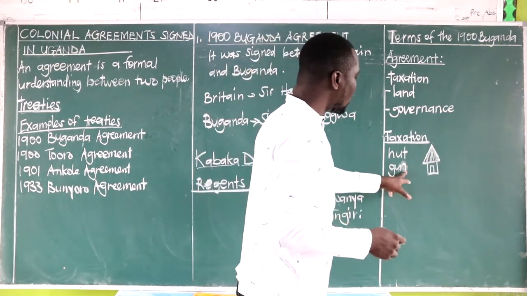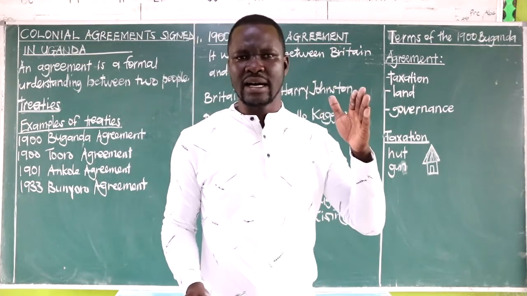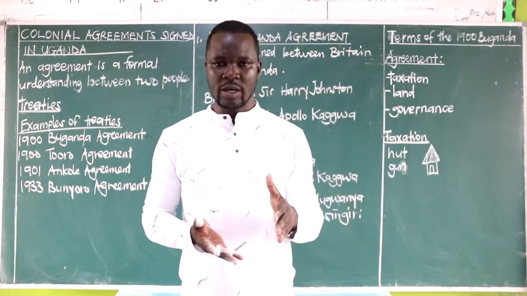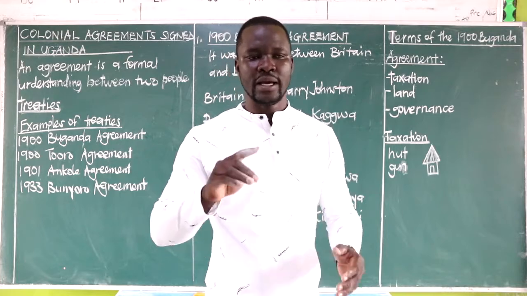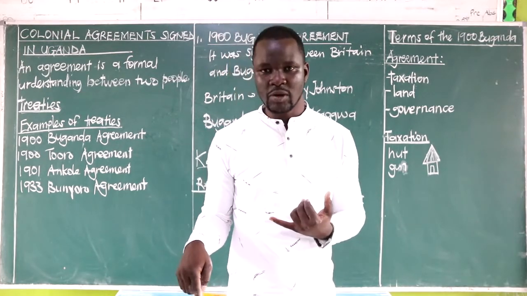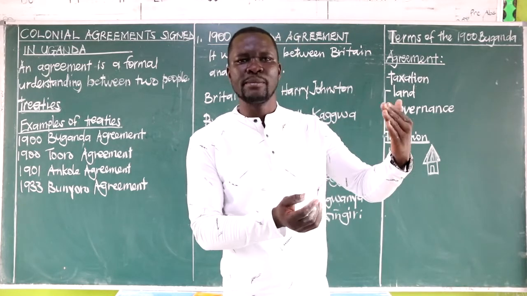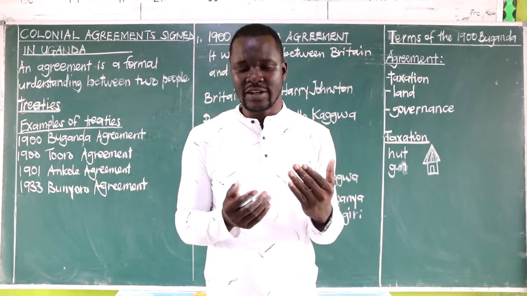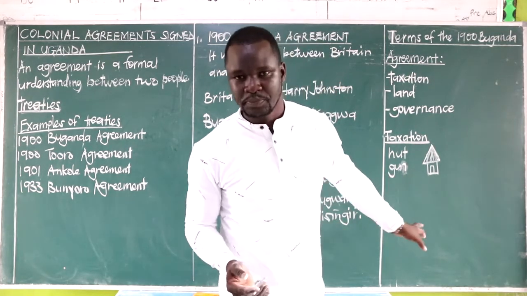Secondly, if one had a gun, remember when we talked about the line of these foreigners coming to Uganda, we say we had the Arabs first, who came before these other colonialists that we are talking about today. We also looked at the Arabs and said that they had brought things from their countries to Uganda, and among the things that they brought were the guns.